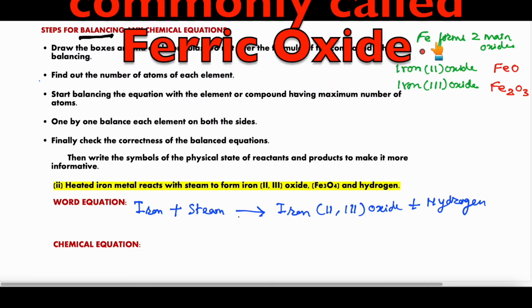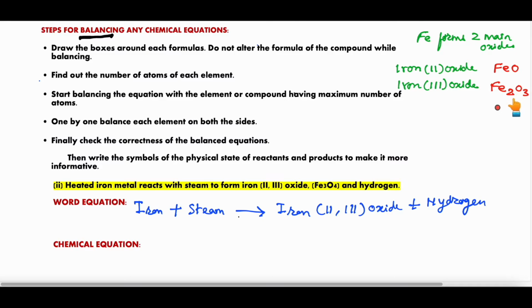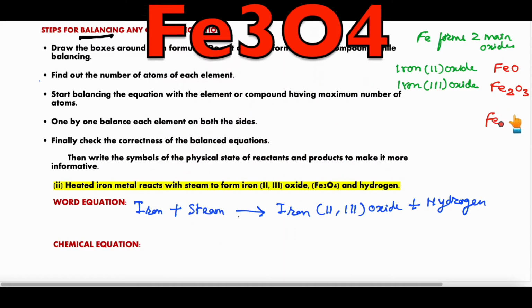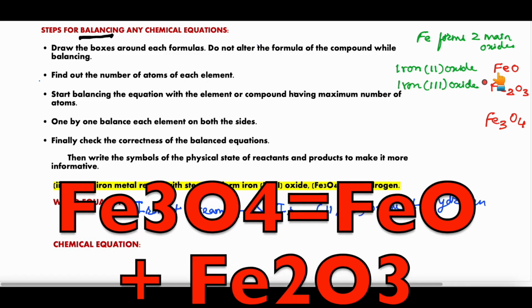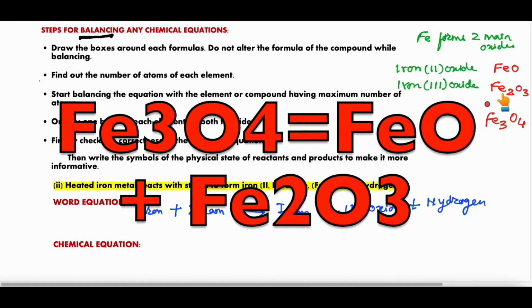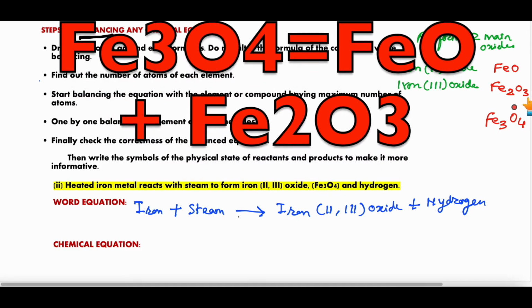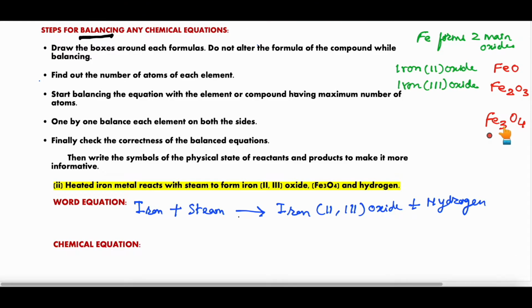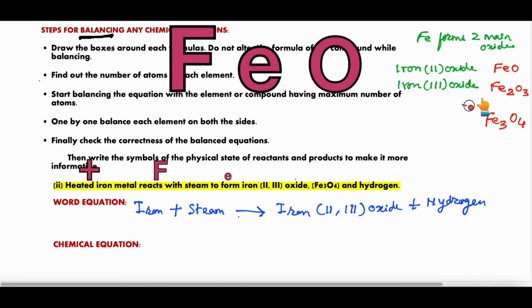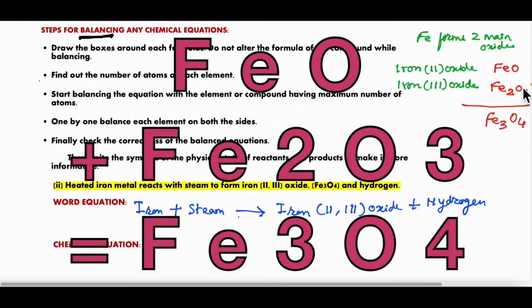Now a third oxide of iron is Fe3O4. Actually, this Fe3O4 is the mixture of iron 2 oxide FeO and iron 3 oxide Fe2O3. So this Fe3O4 is named as iron 2,3 oxide. How? When you add these, it is 1 oxygen atom plus 3 oxygen atoms, so it makes 4 oxygen atoms.